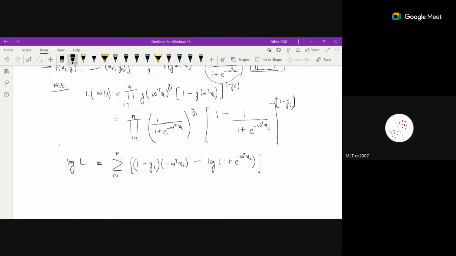This is log of L of W that we get. You can solve for it, it's not very difficult.